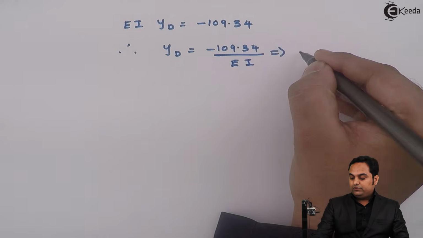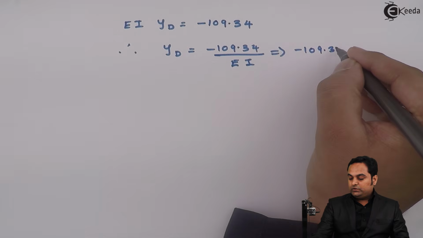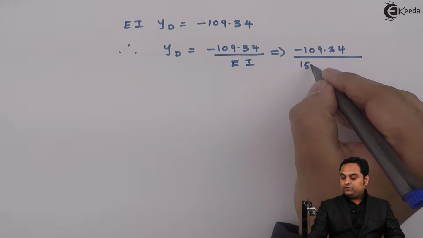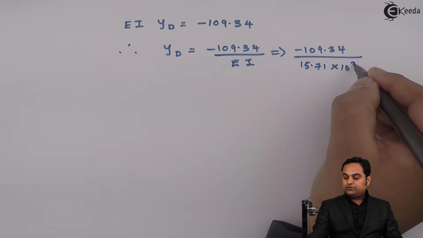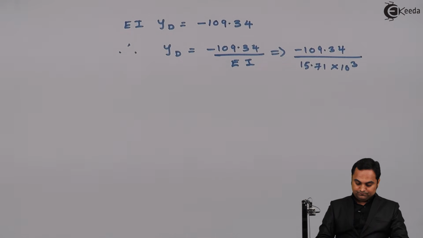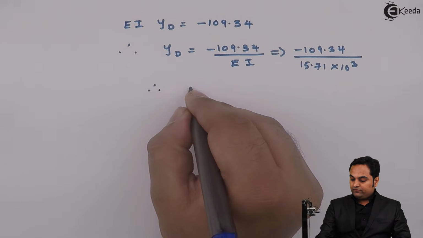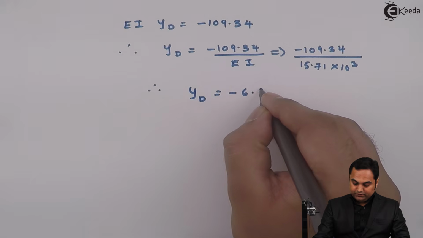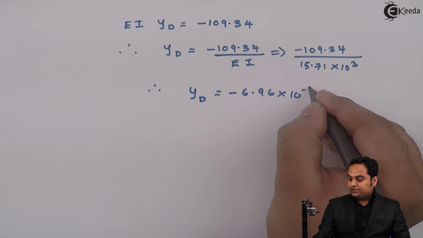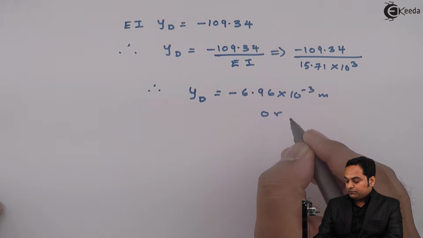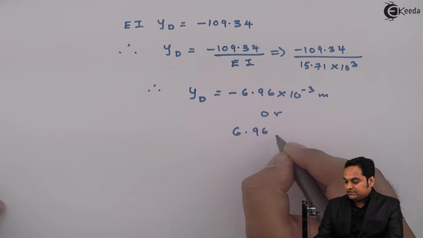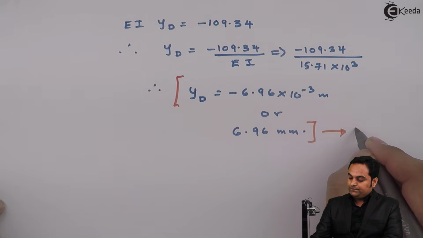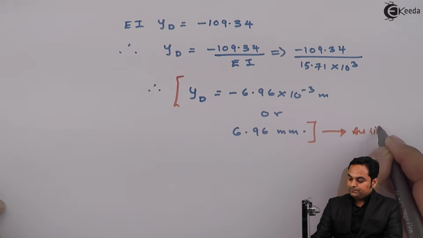Now putting the value of EI, which we have found out previously, that was 15.71 into 10 raised to 3. So my answer of deflection at point D comes out to be minus 6.96 into 10 raised to minus 3 meter, or I can say 6.96 mm. So this is the third answer.